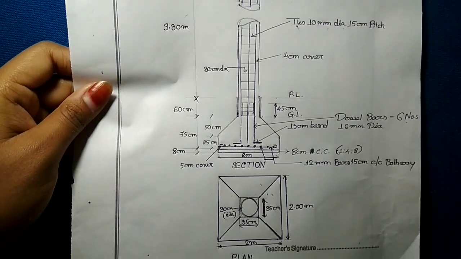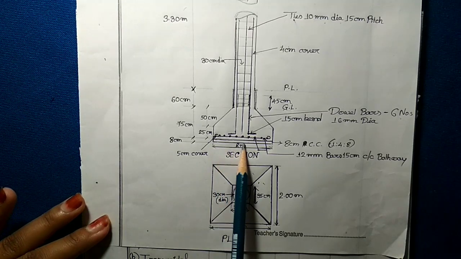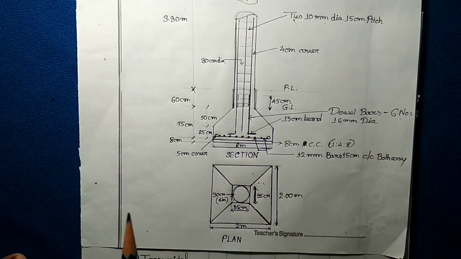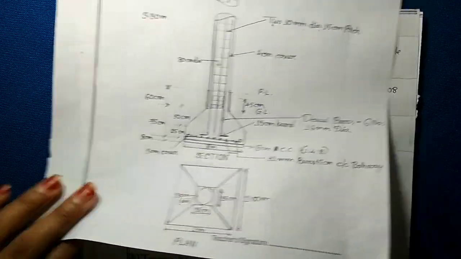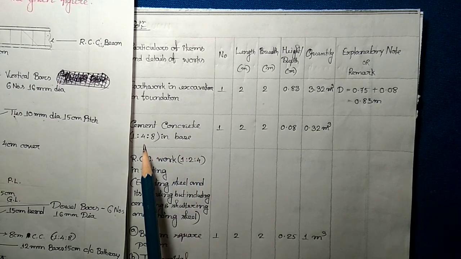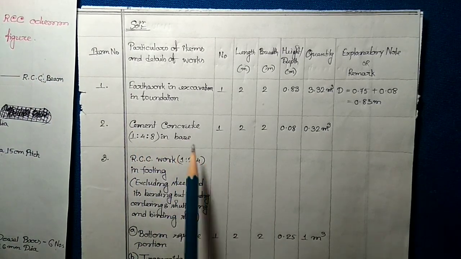So after excavating the ground, what will you do? We will pour one thin layer of cement concrete in the base. And that layer is 8 centimeter thick. So next item will be cement concrete in base.